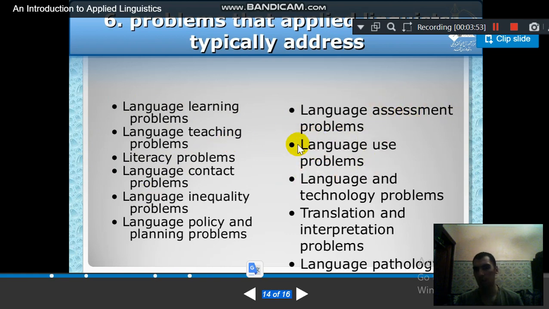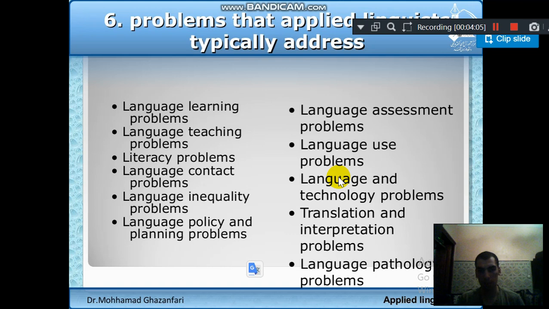Language use problems have to do with the way language is used in a society. Language technology problems, this has to do with things like computer software that can recognize and generate speech, human speech. Translation and interpretation problems, this is very clear again, as we said before.